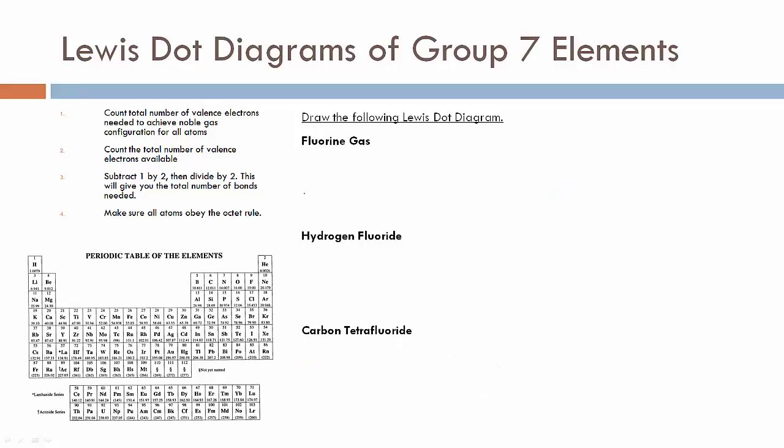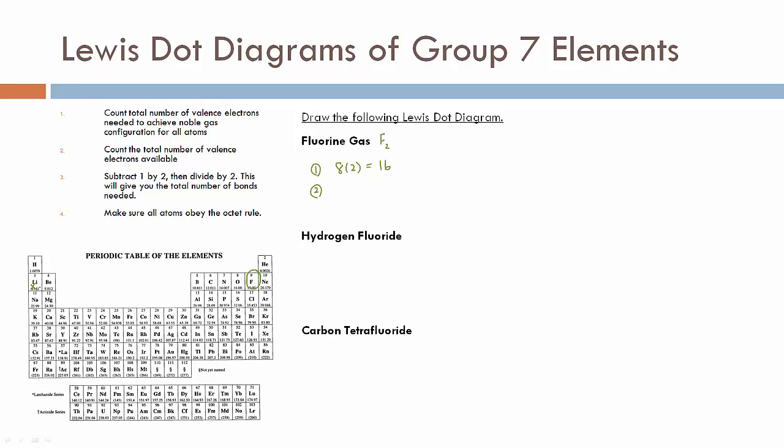So we'll be drawing the Lewis dot diagrams for group 7 elements now. For fluorine gas, F2, fluorine requires 8 electrons to fill its valence shell, so that's 8 times 2, because there's 2 fluorines, and you get 16. Second step, fluorine is located right here.